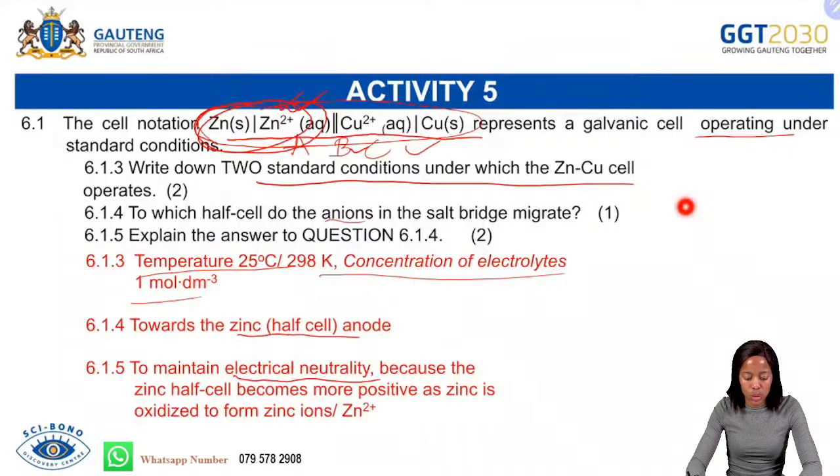So if we want to neutralize them, we need to add the ions from the salt bridge. So to maintain electrical neutrality, because the zinc half cell becomes more positive as zinc is oxidized to form Zn2+ ions, as Zn solid goes into Zn2+, moving into solution there.